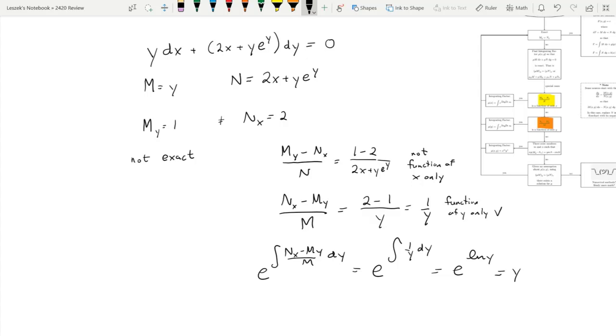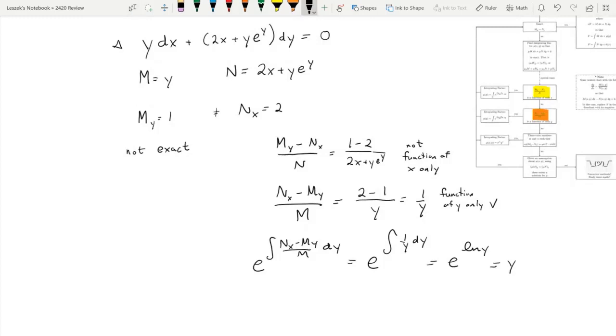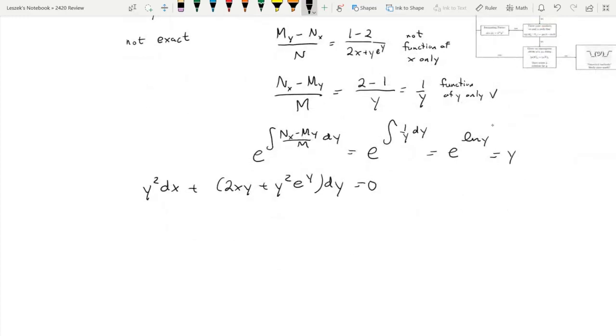Kind of boring, but that's our integrating factor. So we're just going to multiply both sides of our original differential equation here by it. So we're going to get y squared.